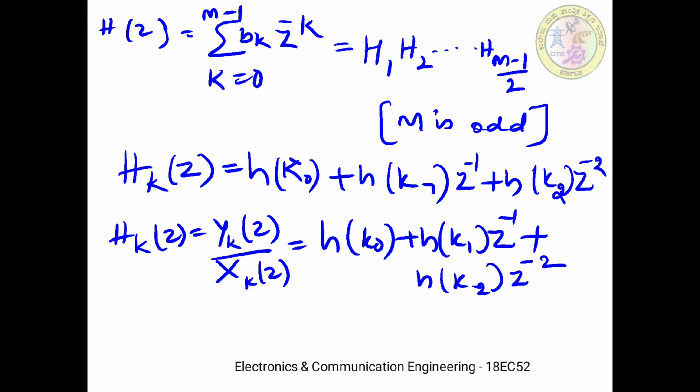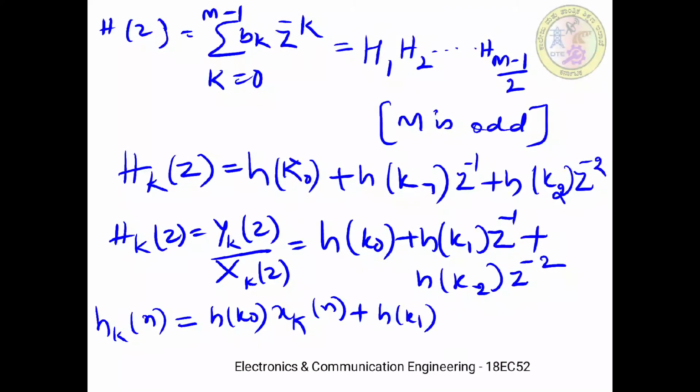Now by taking the inverse z transform of the above equation, it is possible to obtain the impulse response of the individual stage: yk of n equals h of k0 into xk of n plus h of k1 into xk of n minus 1 plus h of k2 into xk of n minus 2.